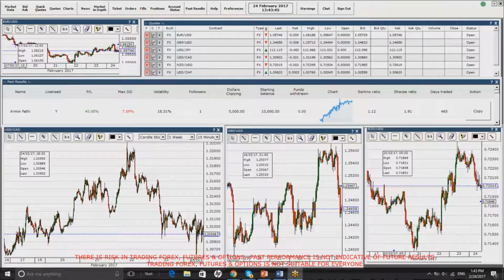Believe you me when I tell you that this is a trading platform that basically allows you to execute trades like any other trading platform that you know. You can buy a currency pair, you can sell a currency pair, and you can open up charts.